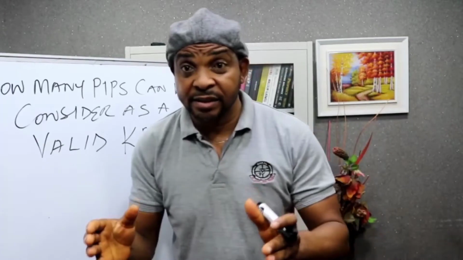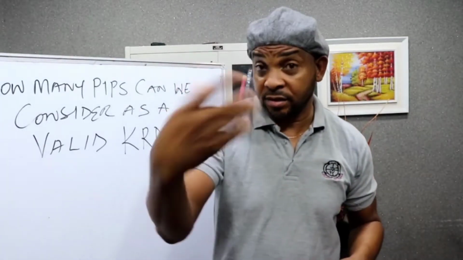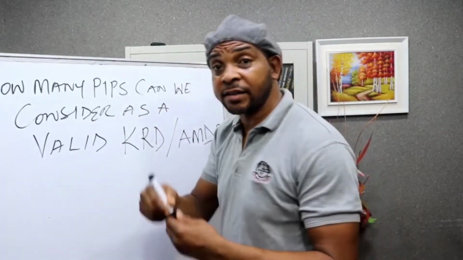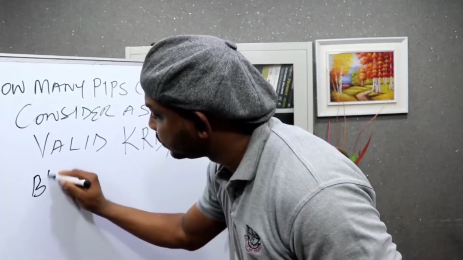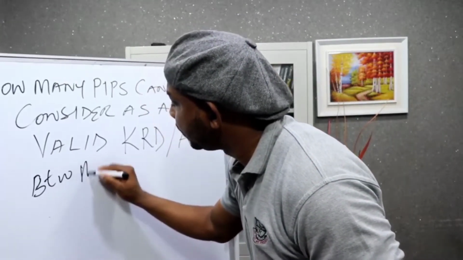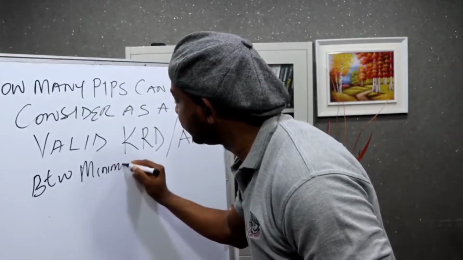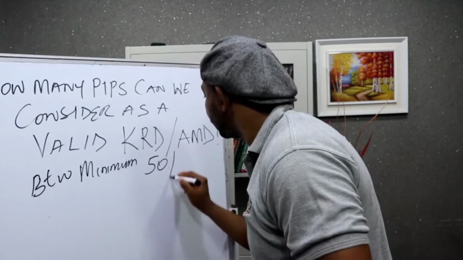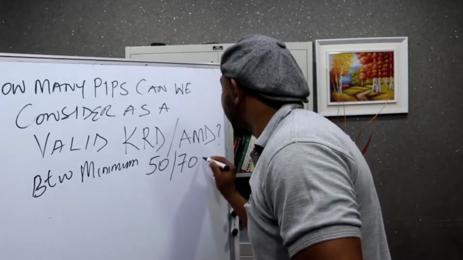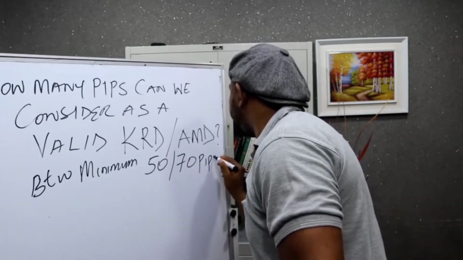Do you get? So in essence, we are looking at a minimum of 50 to 70 pips.